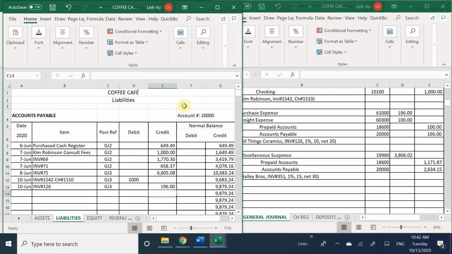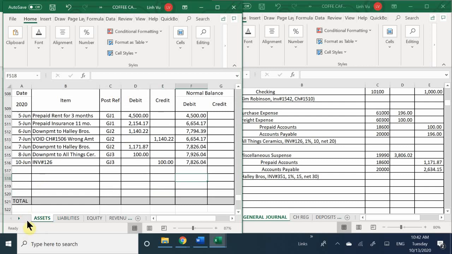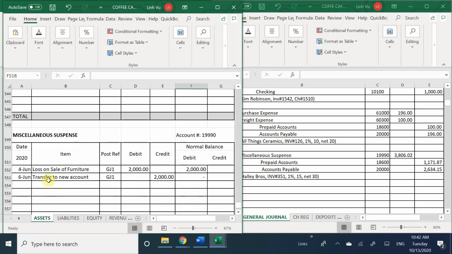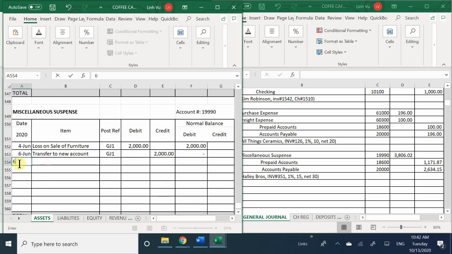So here's my ledger, and let's update. So the first thing I have here is miscellaneous expense, okay? Miscellaneous expense is going to be the very last account I have here. June 10. And right here, I have the brewer slash grinder. Okay.